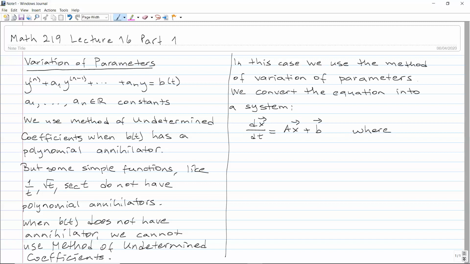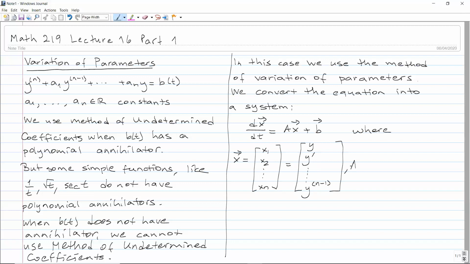Recall how we convert the equation into a system. Our variables are x1, x2, ..., xn. x1 is the unknown function y, x2 is the derivative of y, x3 is the second derivative, and so on, and the last one, xn, is the (n minus 1)th derivative of y.